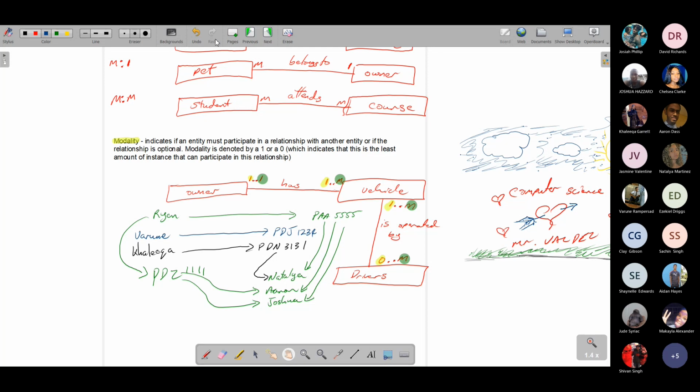All right, I'm going to show you all now what my preferred method of representing entity relationship diagrams is, which is crow's foot notation.